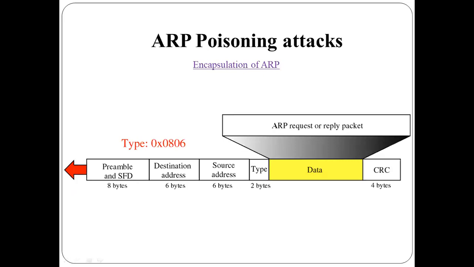तो एनकैप्सुलेशन वर्ड इसलिए यूज किया जाता है, that this is the Ethernet frame and this frame has one field, this yellowish field, having all the data related to the ARP request or reply packet.